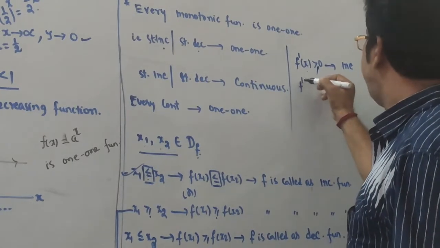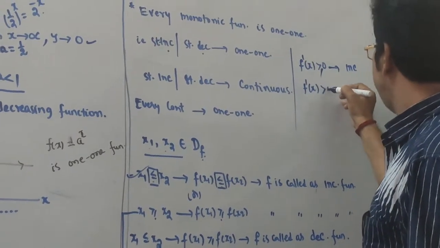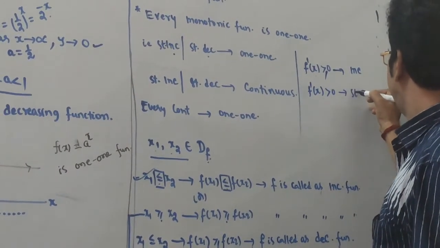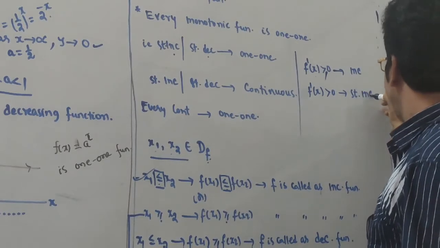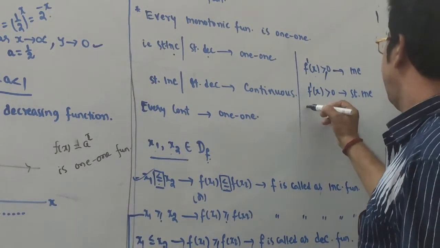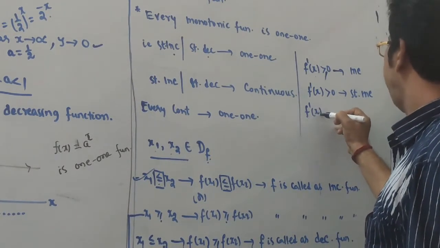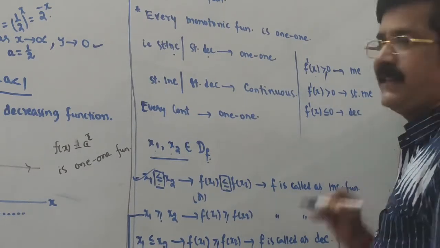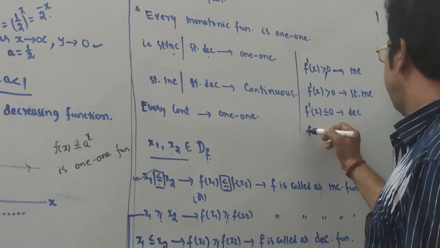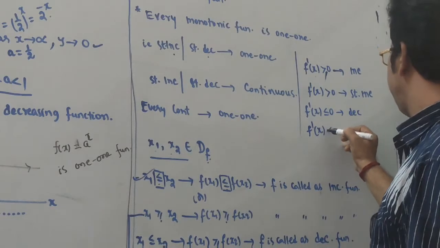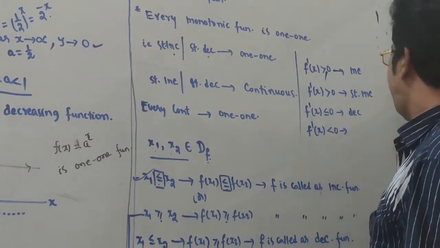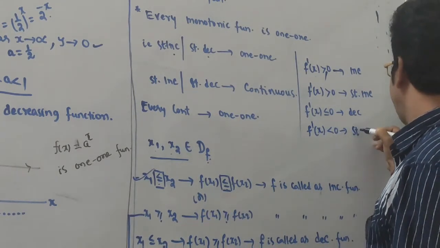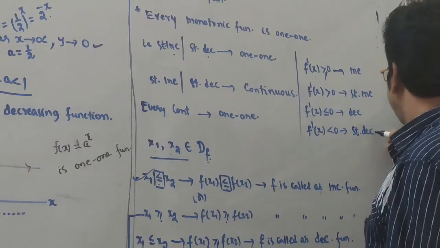If f dash of x is greater than 0, then it is called a strictly increasing function. Next, if f dash of x is less than or equal to 0, then it is called a decreasing function. Next, if f dash of x is less than 0, then f of x is called strictly decreasing.